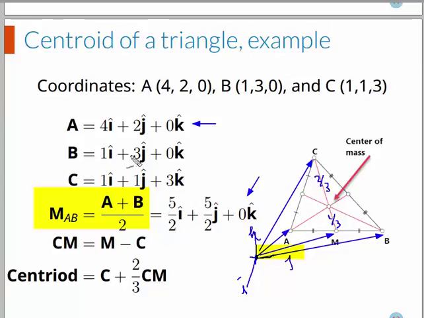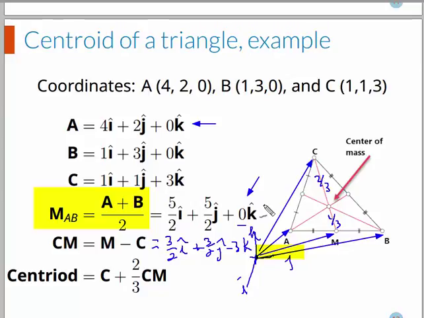Okay, so I have 5/2 minus 1. That's going to be 3/2 I. So 5/2 minus 1 again, that would be 3/2 J. And I have 0 in the K here and 3 here, so that's minus 3K. That is the vector from C to M, and those are its coordinates, but it would not give me the coordinates of that centroid.